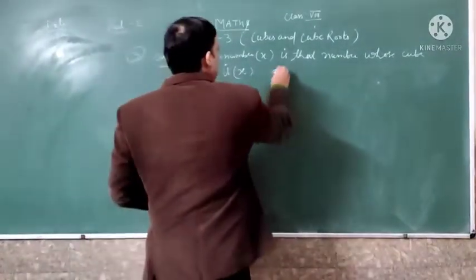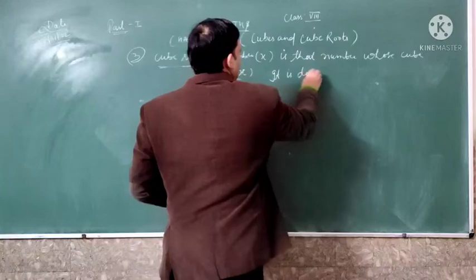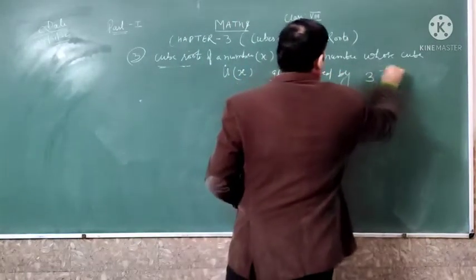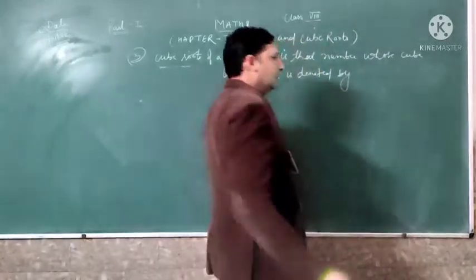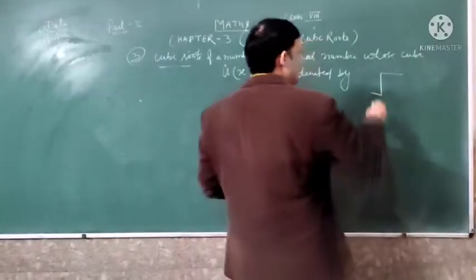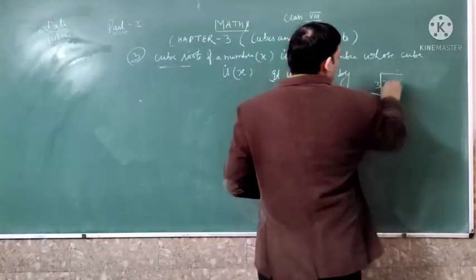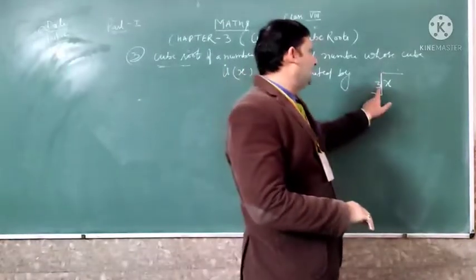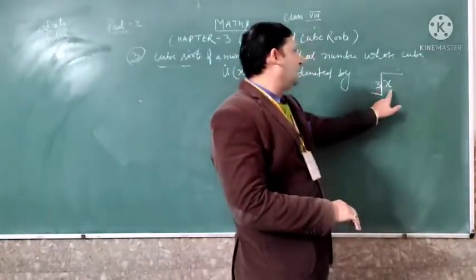It is denoted by this symbol. You have studied that this is called square root, but here I will write 3 here. This is called cube root. So it is denoted by the root symbol, with 3 written inside and x in here.